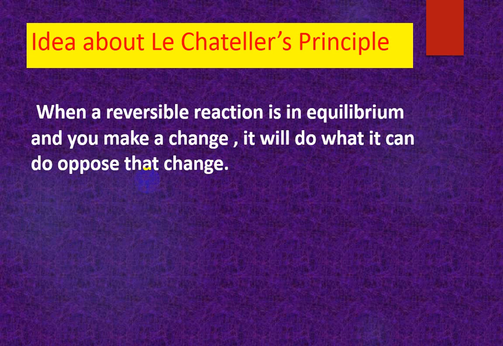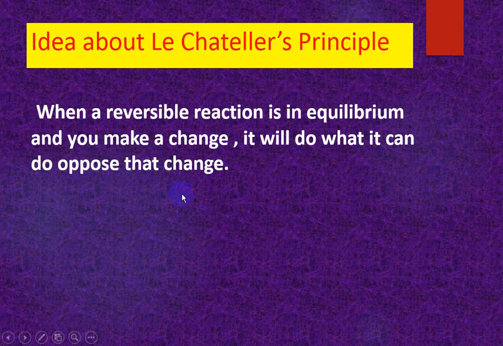When a reversible reaction is in equilibrium, if you make any change, like temperature change, pressure change, or concentration change, the reaction will do what it can to oppose that change.